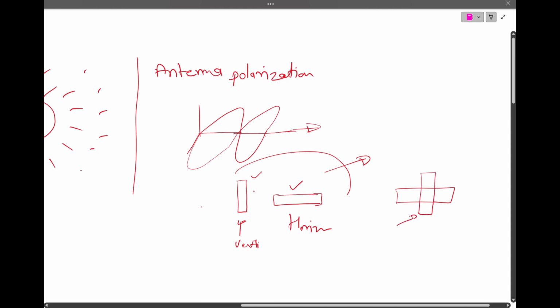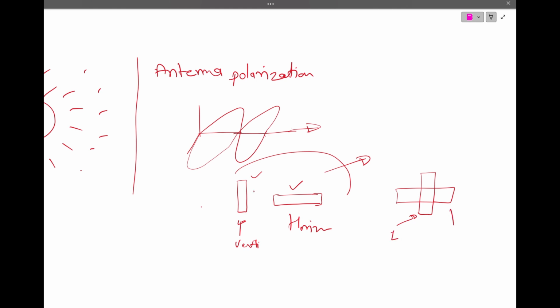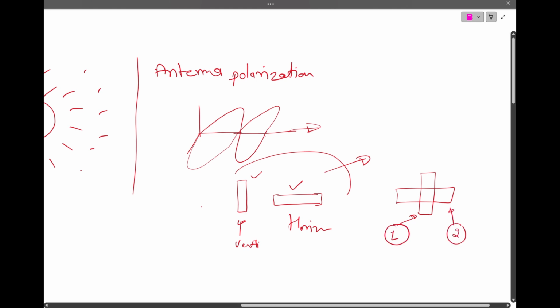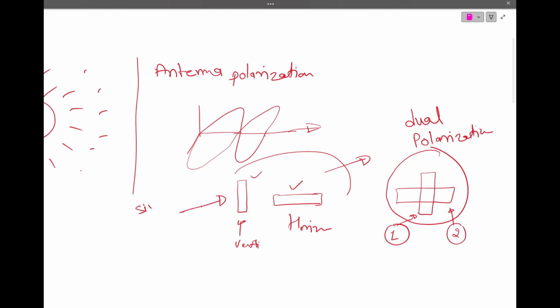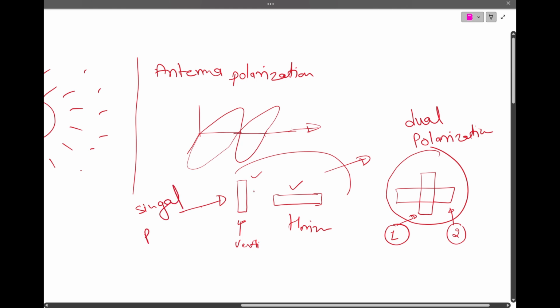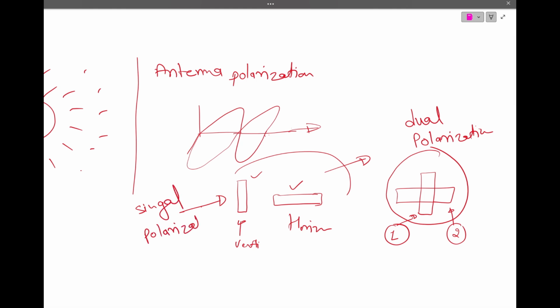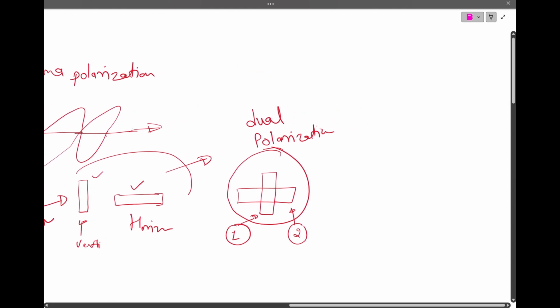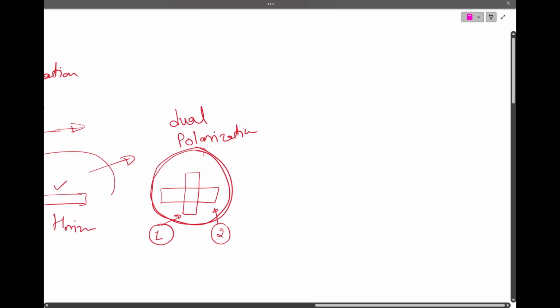So this is antenna 1, this is antenna 2. This is called dual polarization. This is single polarization. In a small space you can have two antennas placed together. This gives more gain.